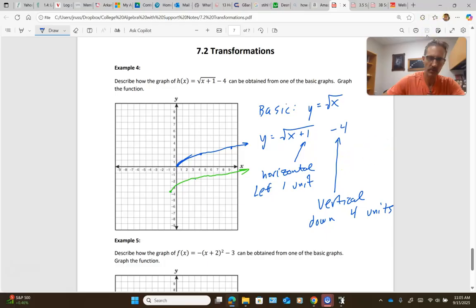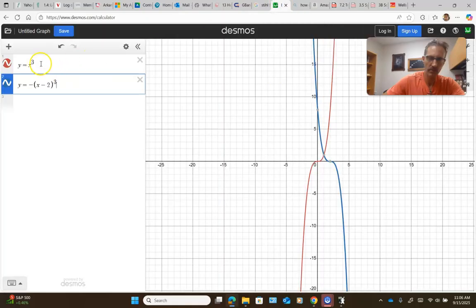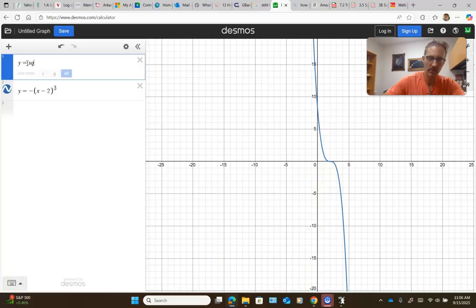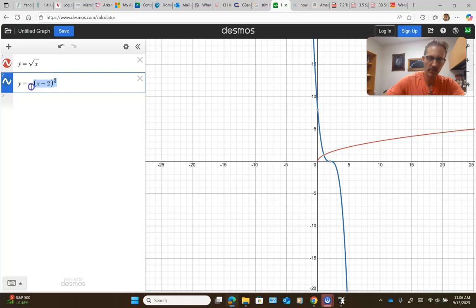Why don't we check this one in the calculator instead of Desmos? Oh, well, no, let's use Desmos, because for Desmos, for the square root, guys, you actually have to type in SQRT, okay, for square root, and then it'll bring up that symbol. Then you put an x in there. So that's our basic square root function.